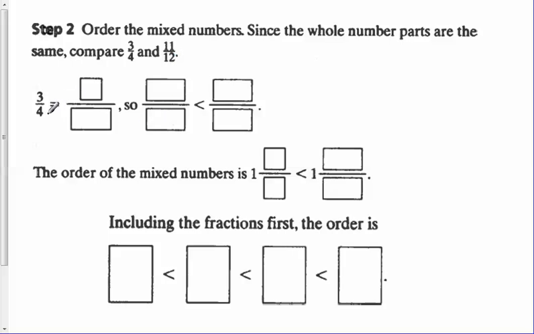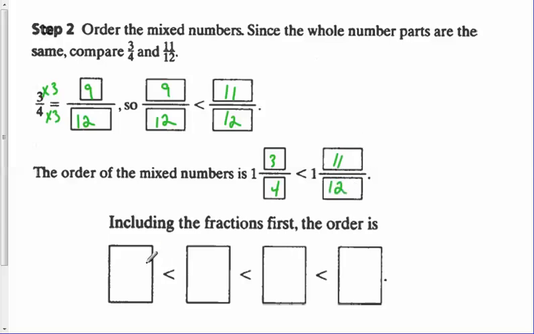So 4 times 3 is 12, and I do the same thing to my numerator. 3 times 3 is 9. So 9/12 is less than 11/12. So to order our mixed numbers, the 3/4, which I converted to 9/12, that's going to be my 1 and 3/4, which is less than 1 and 11/12.